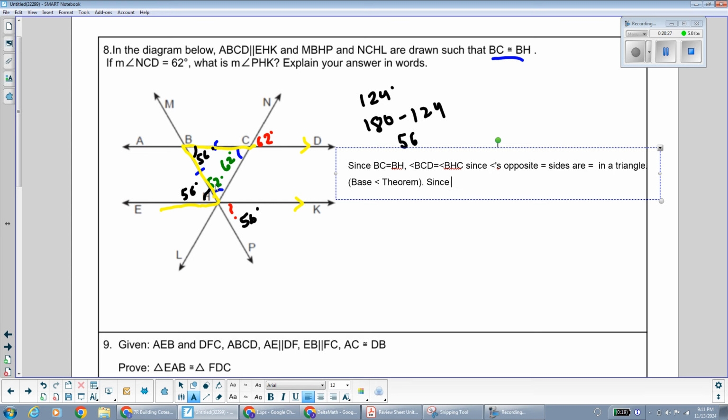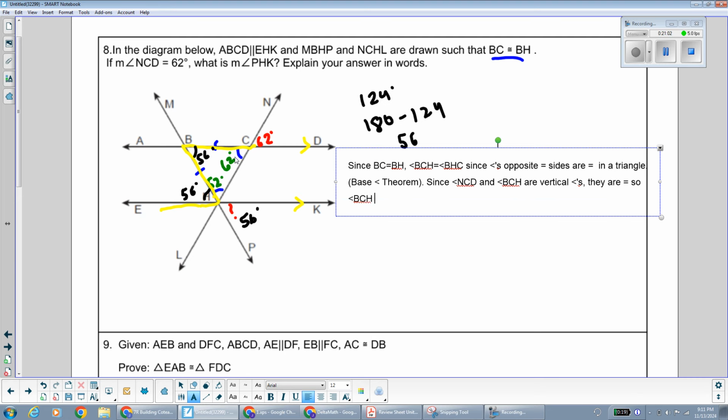Since angle NCD and angle BCH are vertical angles, they are congruent.